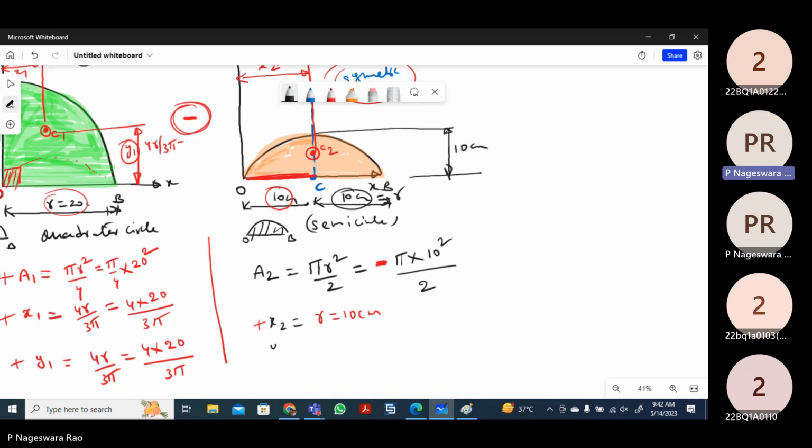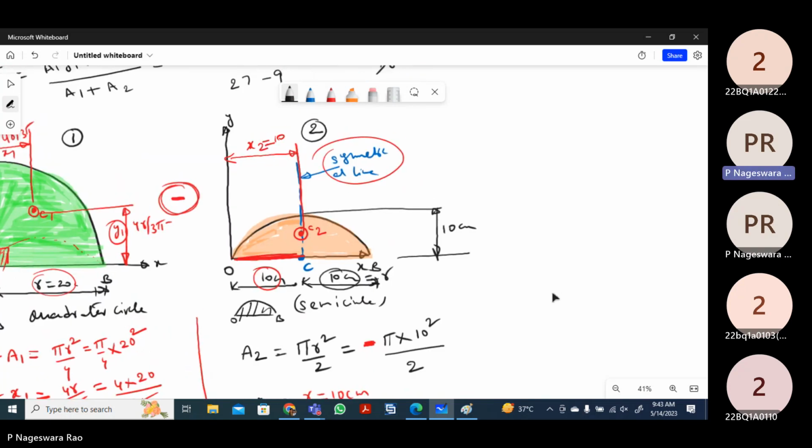Now the y2 coordinate will be equal to... So for y2, we know, as I already told you, that for the semicircle, because the base is matching with the x-axis here, from the base the centroid formula will be 4r by 3 pi. This is what we call the y2 coordinate.